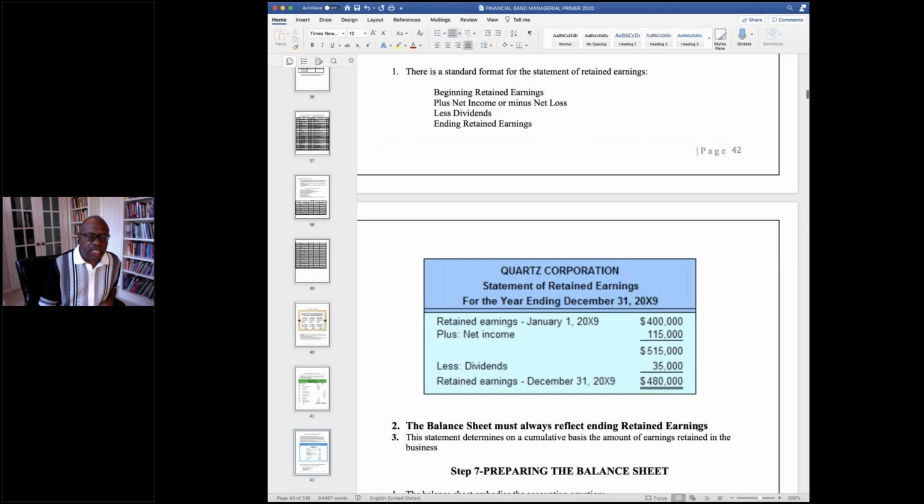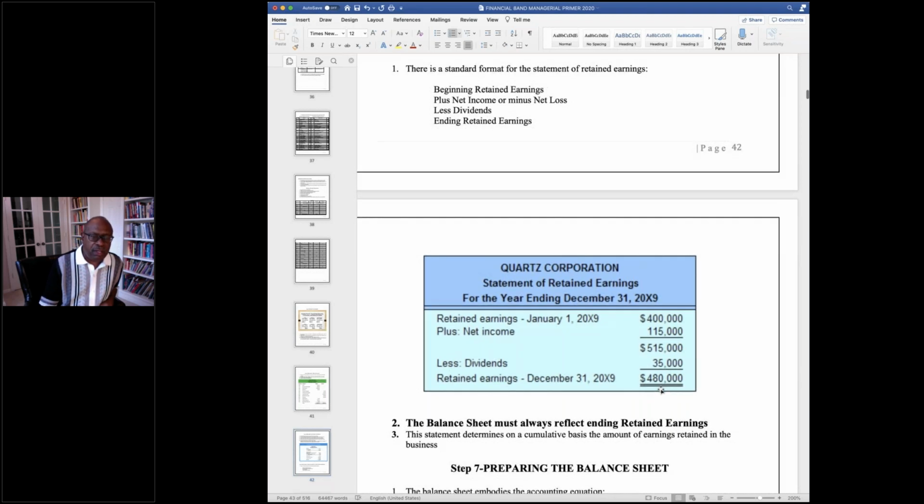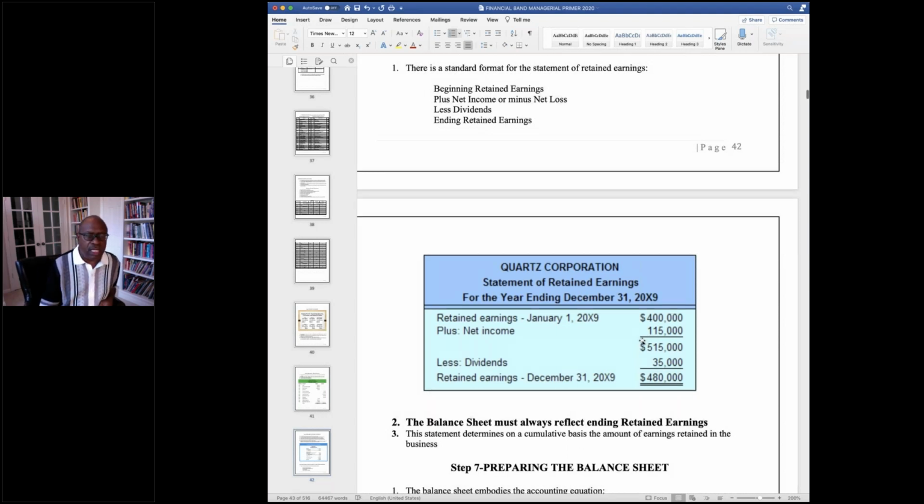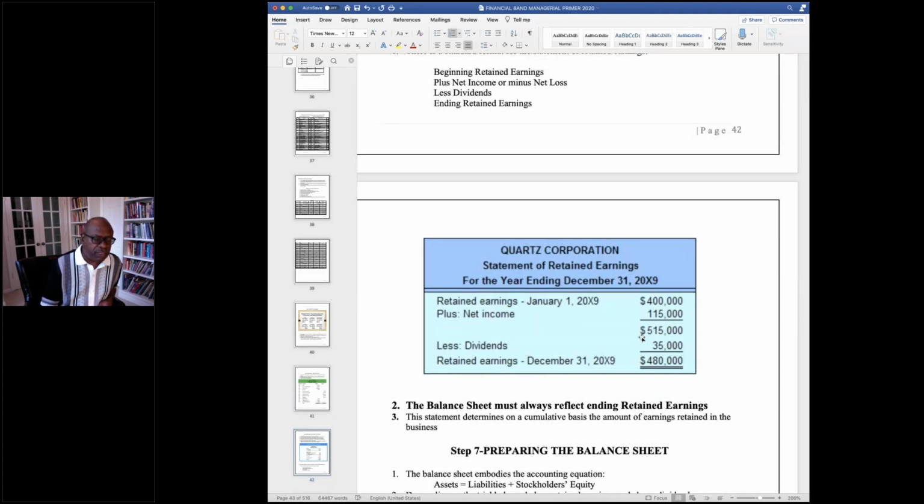The balance sheet will reflect this number. The balance sheet is going to reflect the ending retained earnings. And as we said before, this statement is on a cumulative basis. It's going to tell us the amount of earnings that we retained in the business.